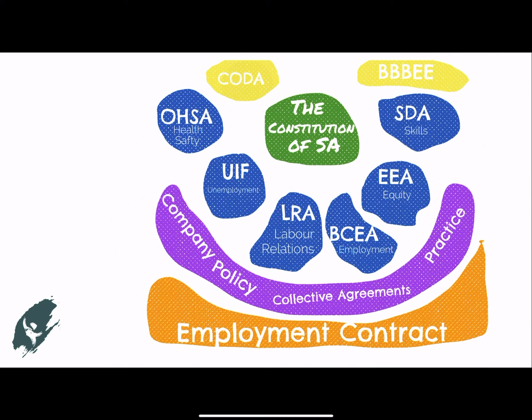The other is the Broad-Based Black Economic Empowerment Act. This act is structured in such a way that it is intended to encourage the establishment of black economic empowerment. And how it works simply is that organizations are given points based upon their compliance with the Broad-Based Black Economic Empowerment Act.